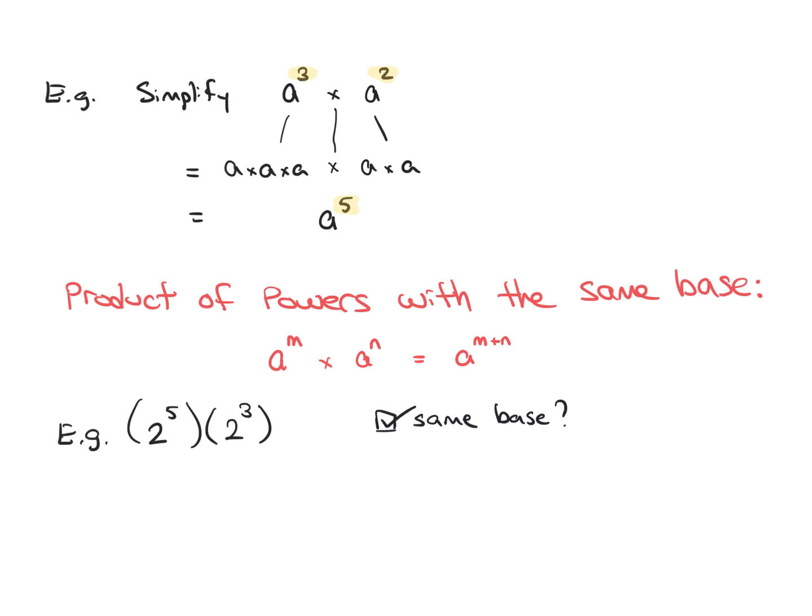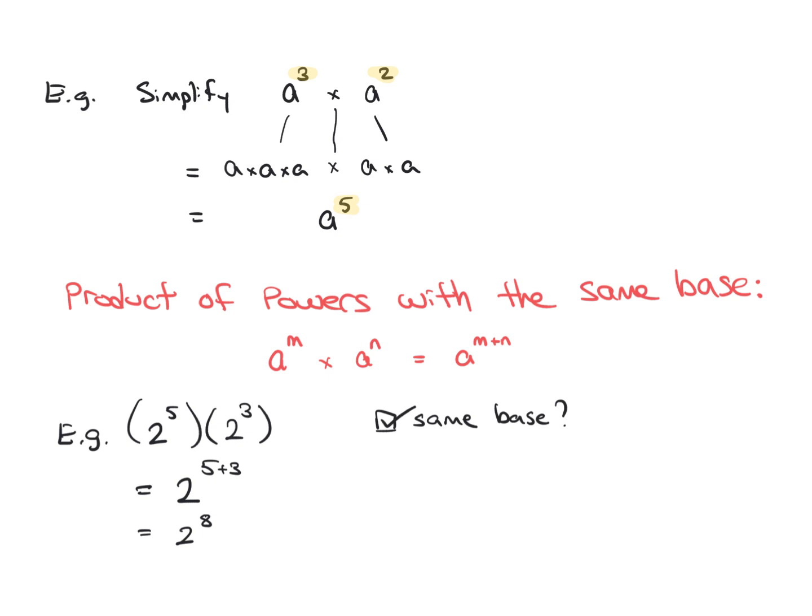So if the answer is yes, we're going to follow the exponent law above, and just add the exponents. So 2 to the exponent of 5 plus 3, which is 2 to the exponent of 8. That will be the simplified version, expressed as a single power.